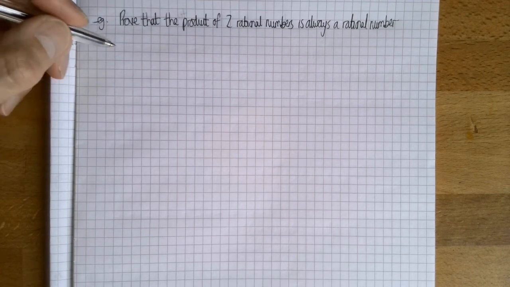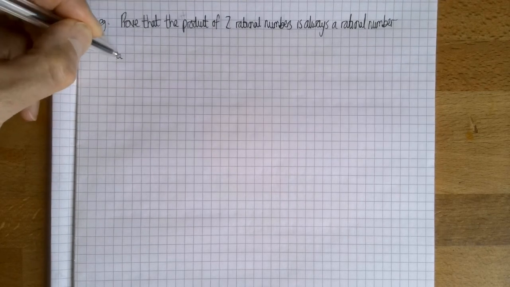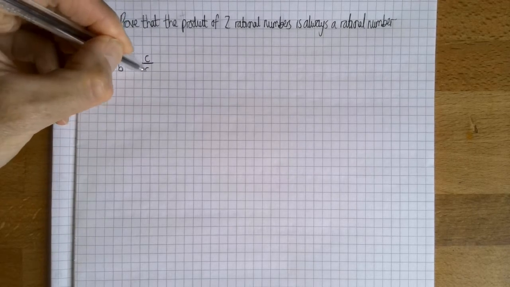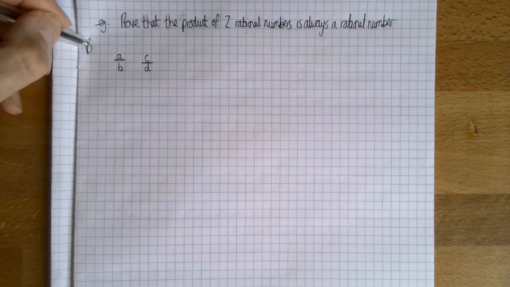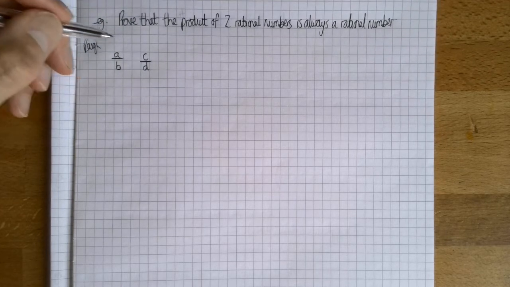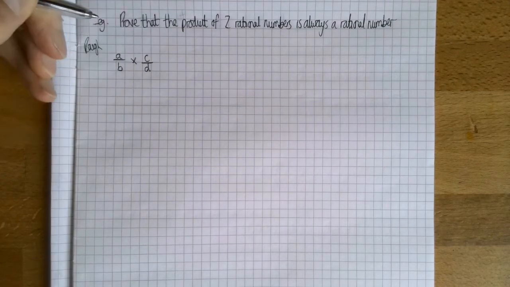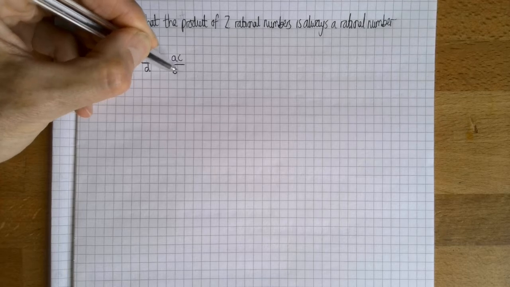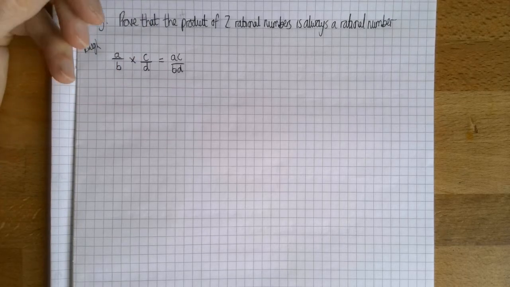Okay, two rational numbers, so I'm going to call one a over b and one c over d, and this is my rough working over here. So if I multiply those together, I get AC over BD.